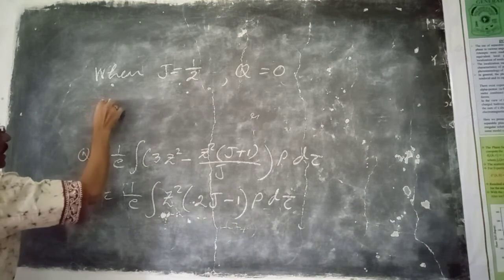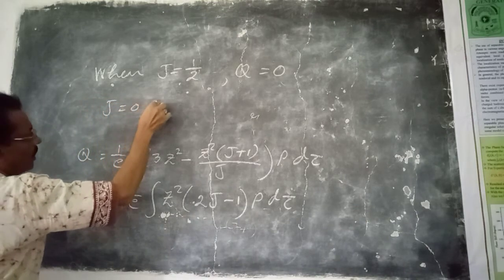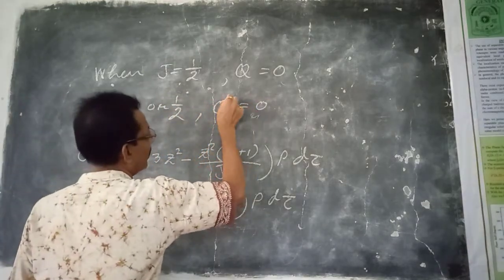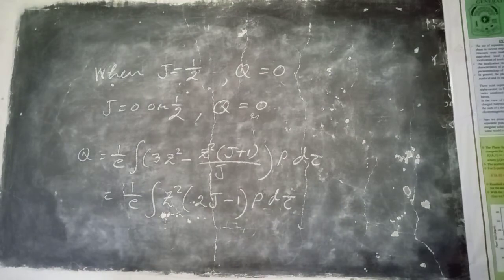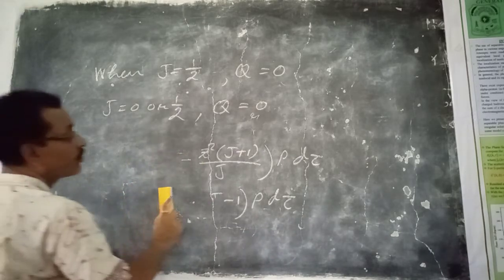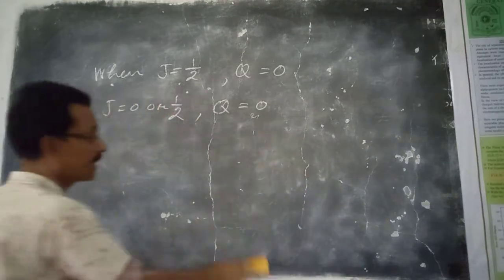That means when J is equal to 0 or half, you get the quadrupole moment equal to 0. So that means a nucleus with spin half and J equal to 0 have zero quadrupole moment. But this does not mean that the nuclei with J equal to half and J equal to 0 are completely spherical in nature.